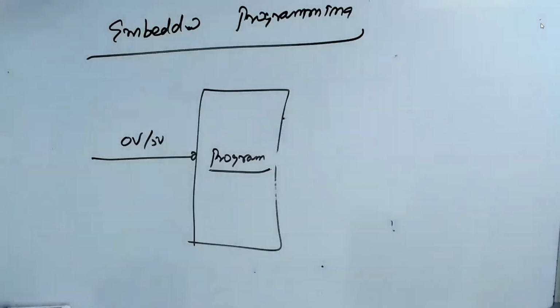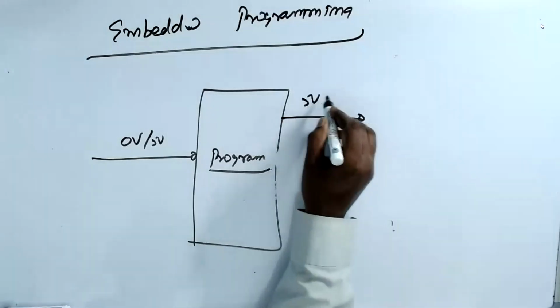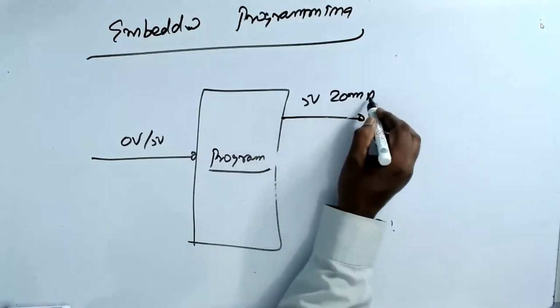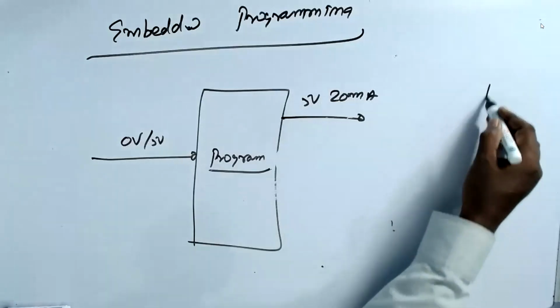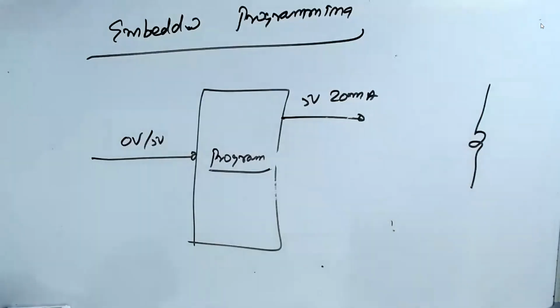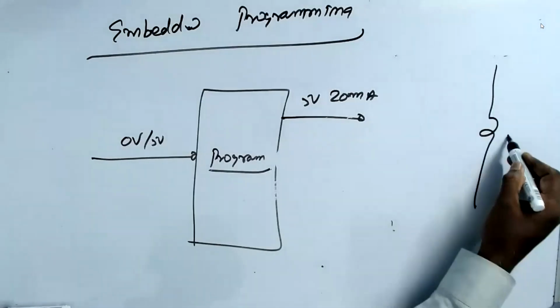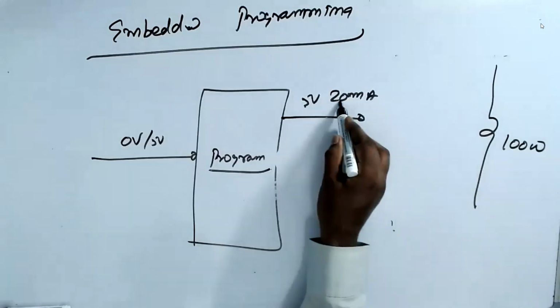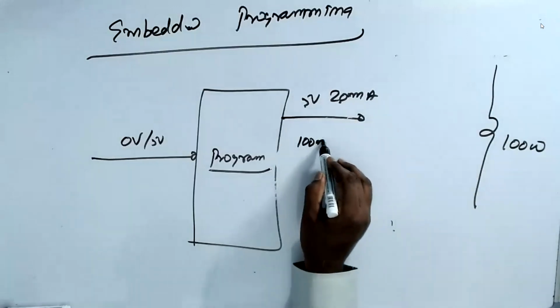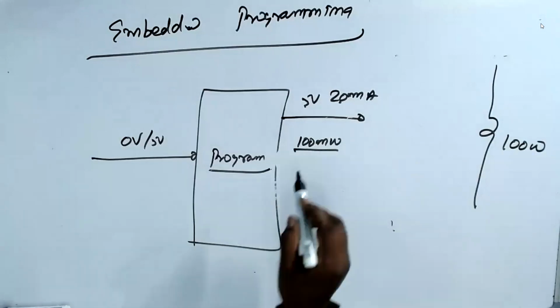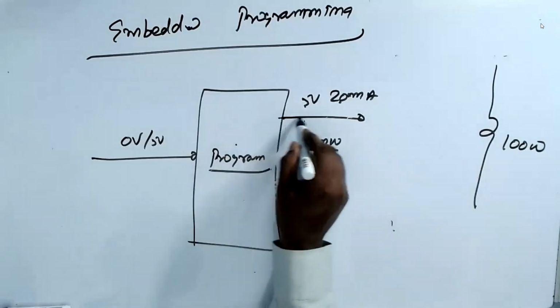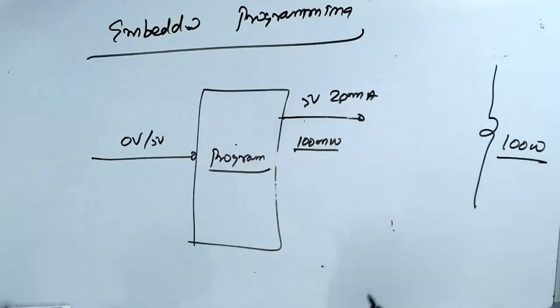This is a very small piece of information, but normally we don't understand it properly. But your bulb requires 100 watts. This is 5 times 20, which is 100 milliwatts. So this controller can give only 100 milliwatts, but you need 100 watts, almost 1,000 times.